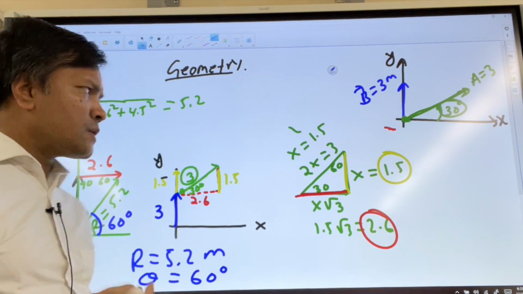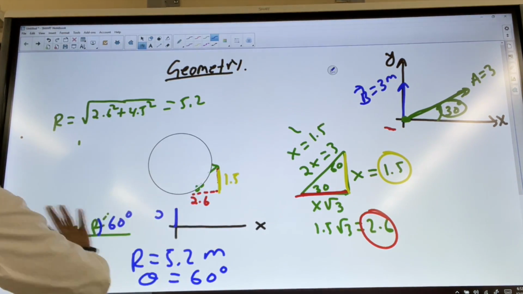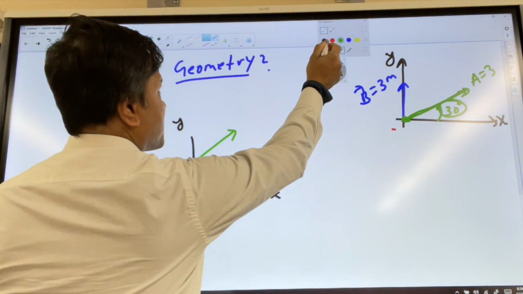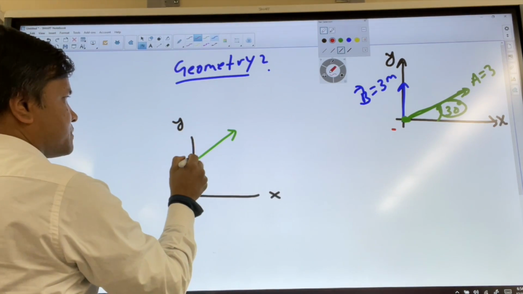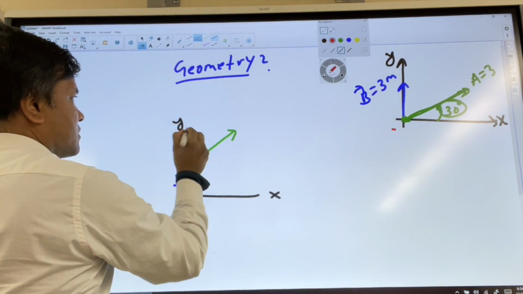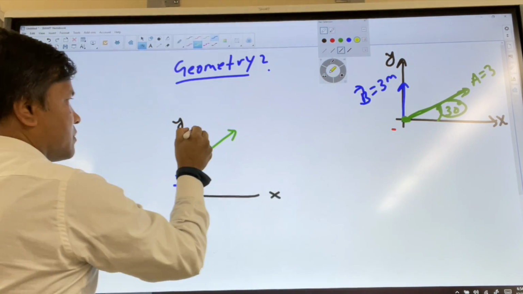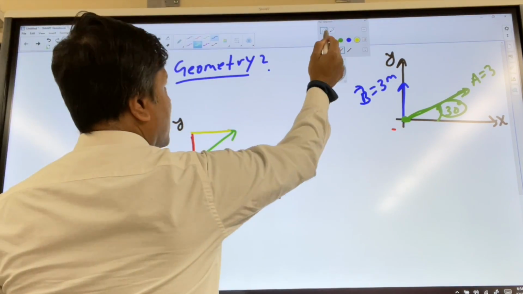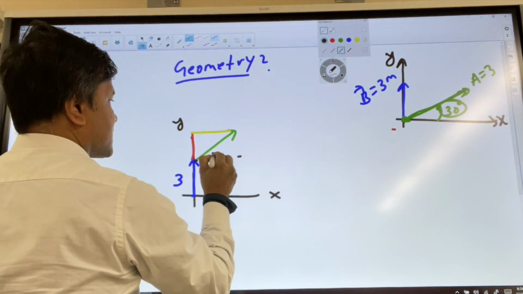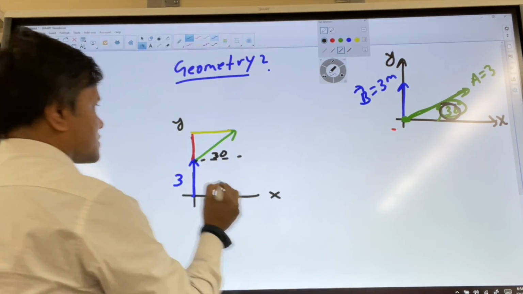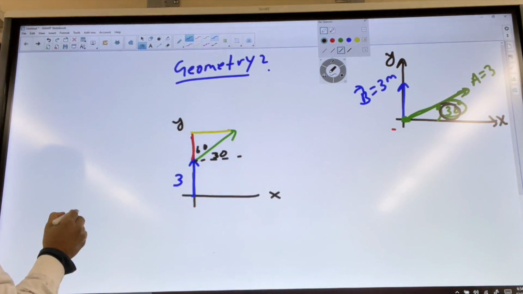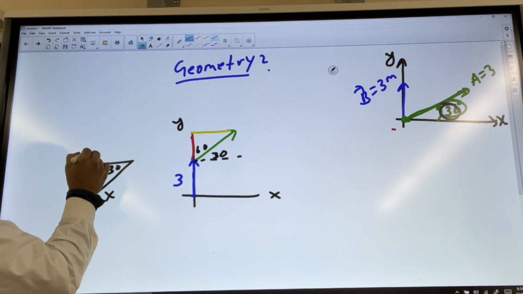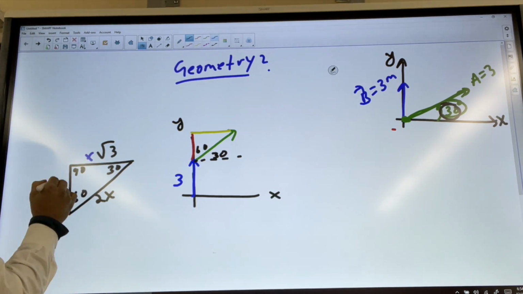Now I'm going to do a little different way, the second way of the geometry, by head and tail. So this is vector A. Vector A has two components. I'm going to make it the y component by red and the x component by yellow. This angle is 30 degree because this is 30 degree. So now this is 60 degree. So opposite to 90 is 2x, opposite to 60 is x root 3, and opposite to 30 is x.